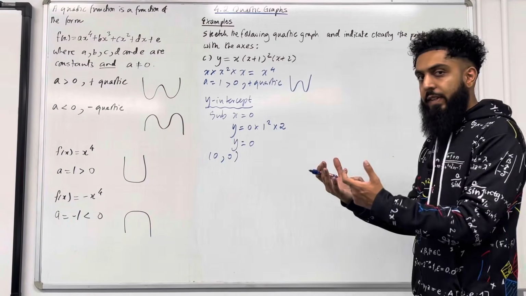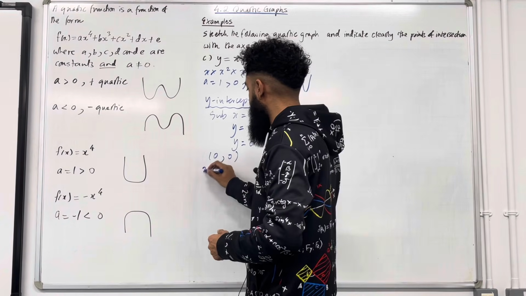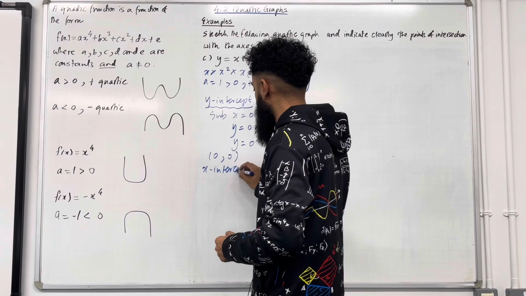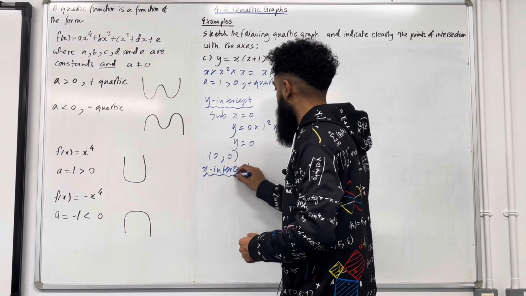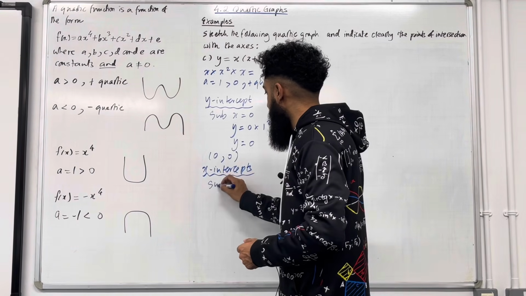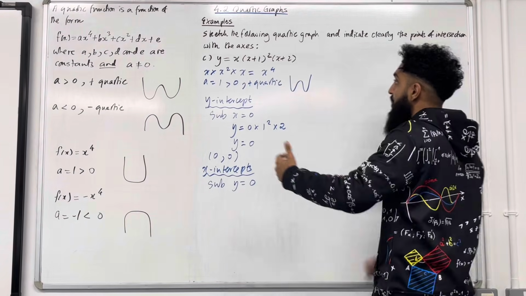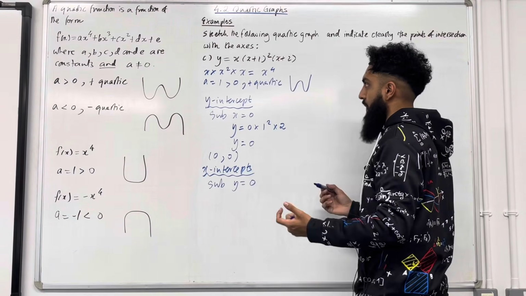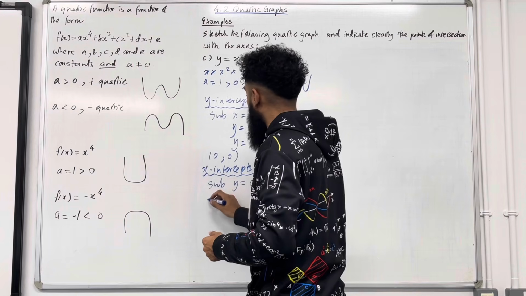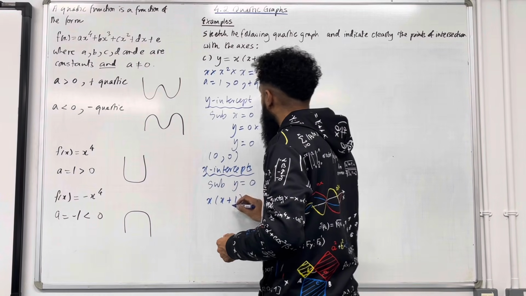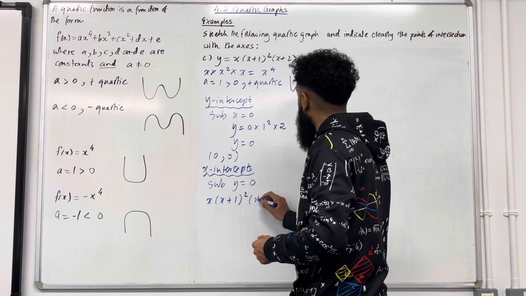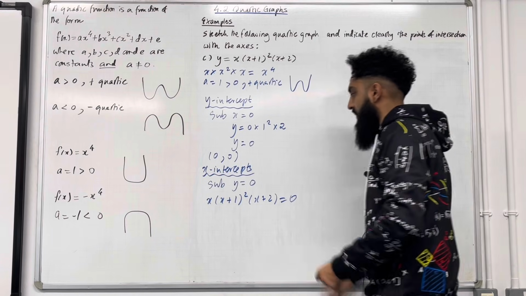Let's find the x-intercepts. So now we need to substitute y equals 0. In our original equation, we're going to replace the y with 0. So the equation reduces to x in bracket x plus 1 squared in bracket x plus 2, equal to 0.